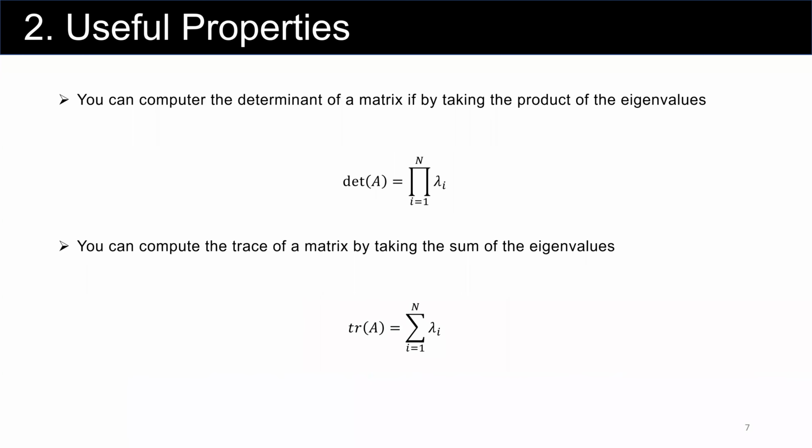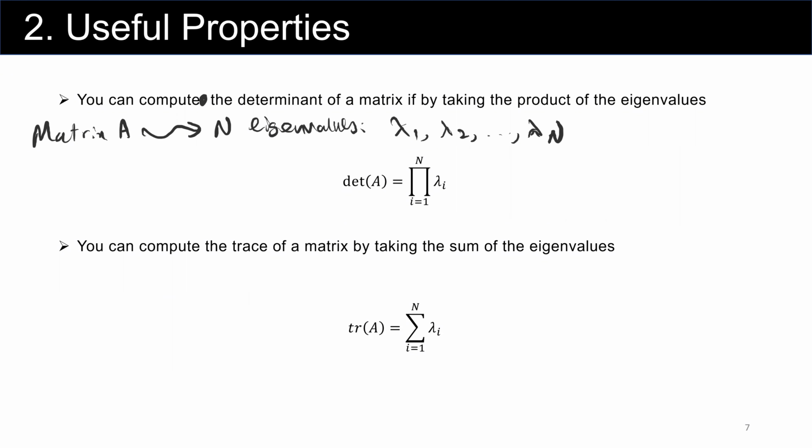All right. There are some useful and interesting properties for eigenvalues. You can compute the determinant of a matrix by taking the product of all of its eigenvalues. Let's say I have matrix A, and it has n eigenvalues. We show the eigenvalues by lambda sub 1, lambda sub 2, and lambda sub n.